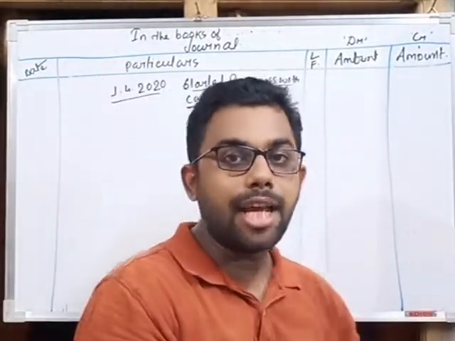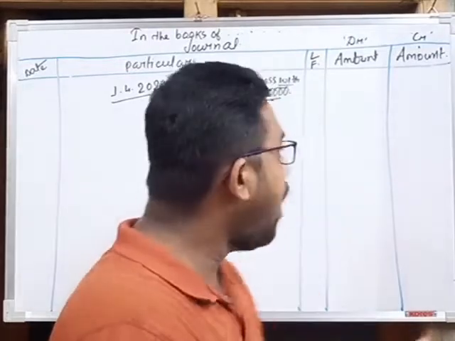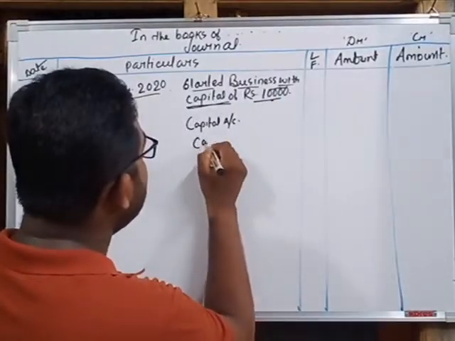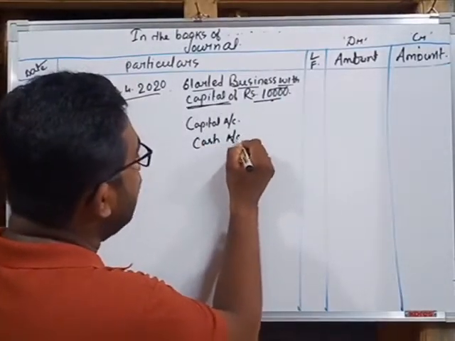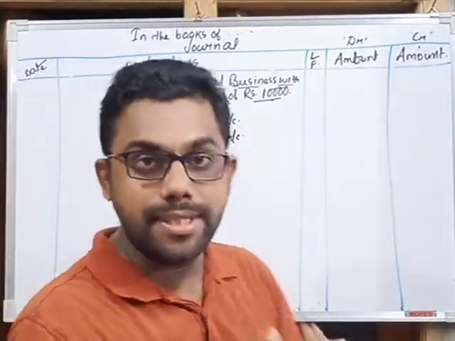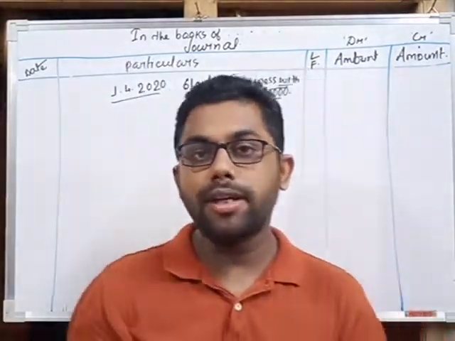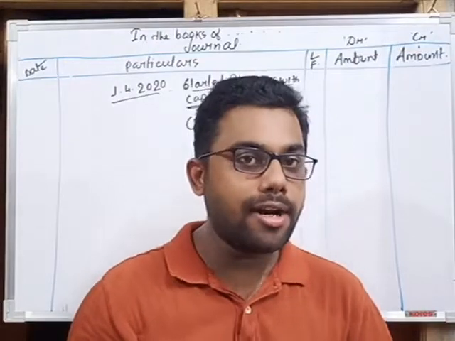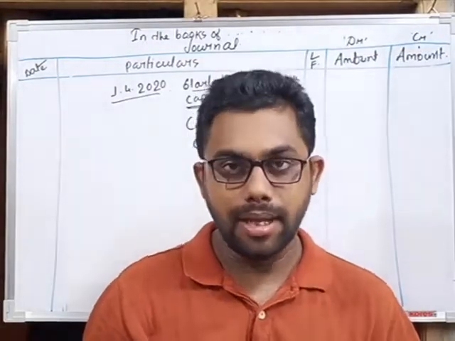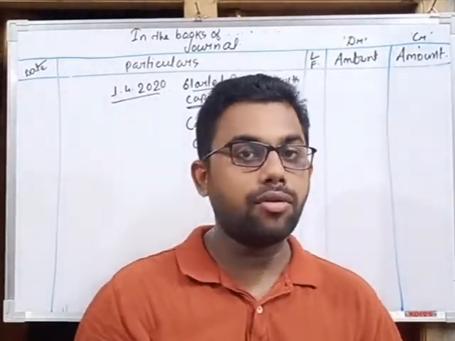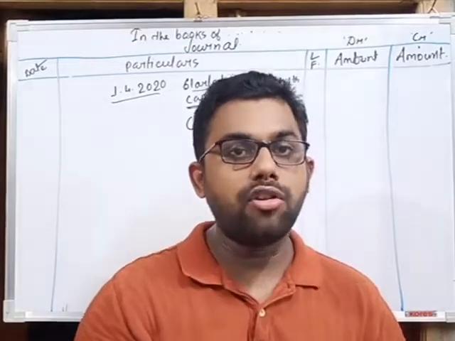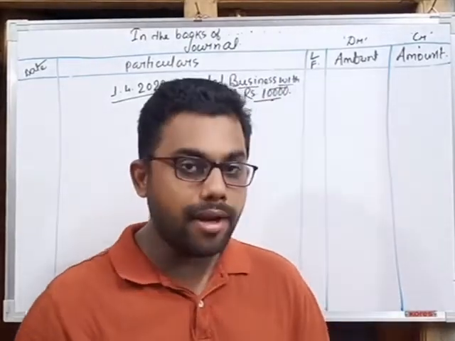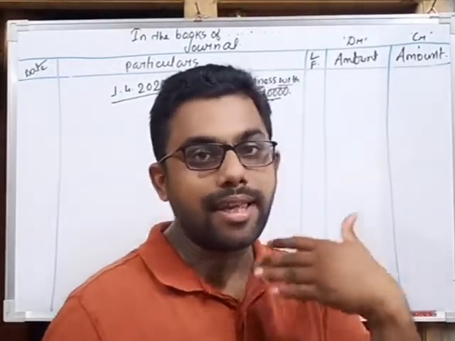He brings the capital in cash. The amount brought in by the businessman in order to start the business is called capital, and he brings this capital in cash. So one is the capital account and another is the cash account.